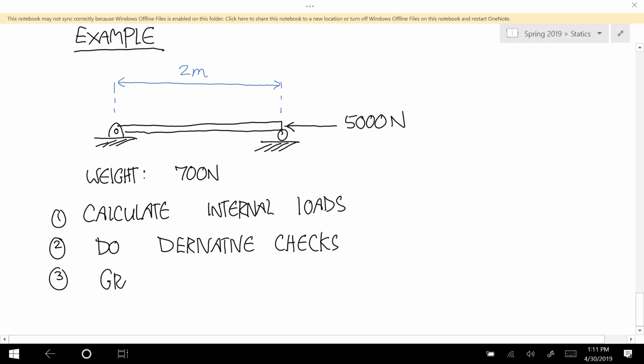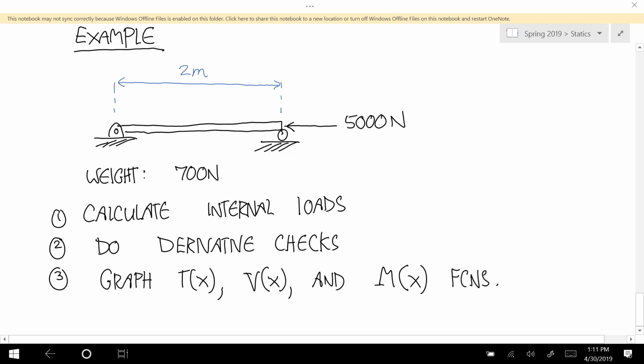And graph the T, V, and M functions. Okay, and do this in groups. Write your answer up on the board.